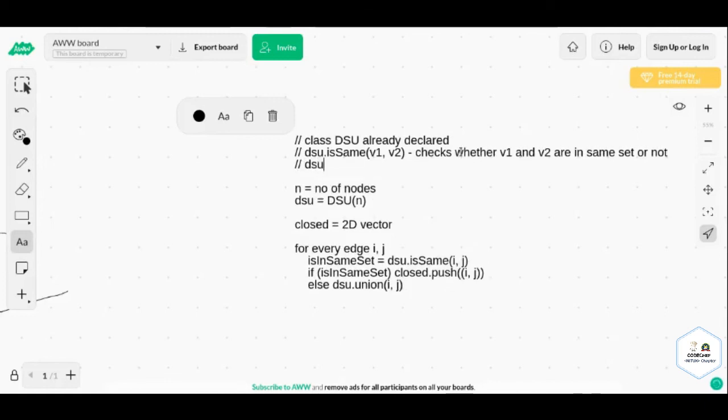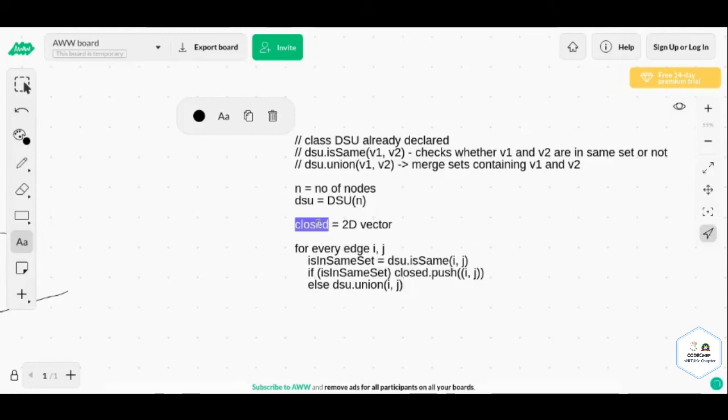There is another method, DSU union, which will connect those connected components by edge i and j.